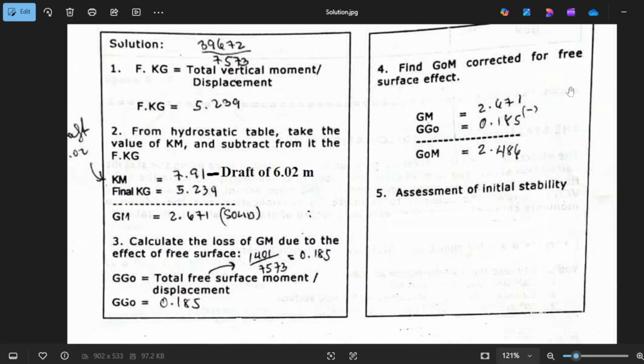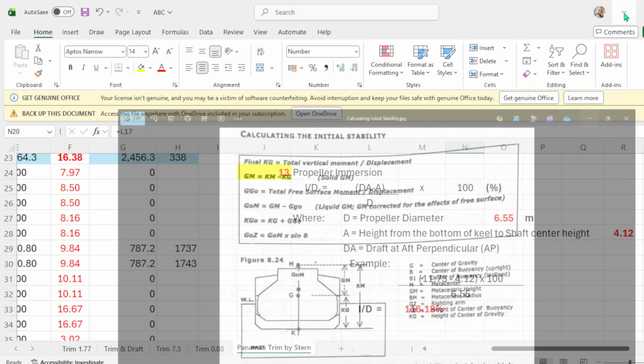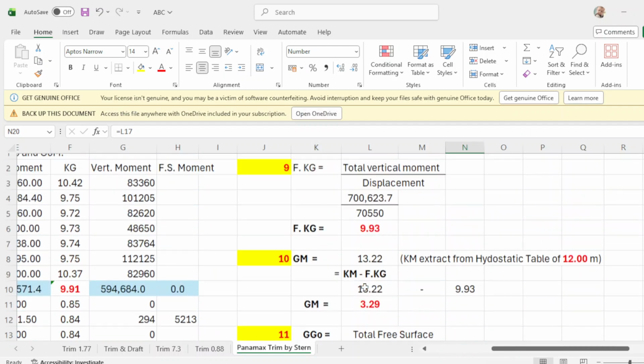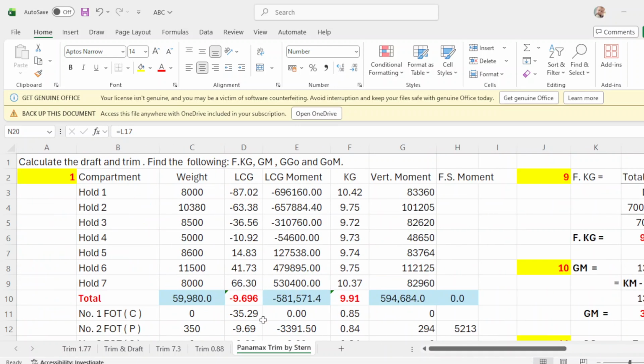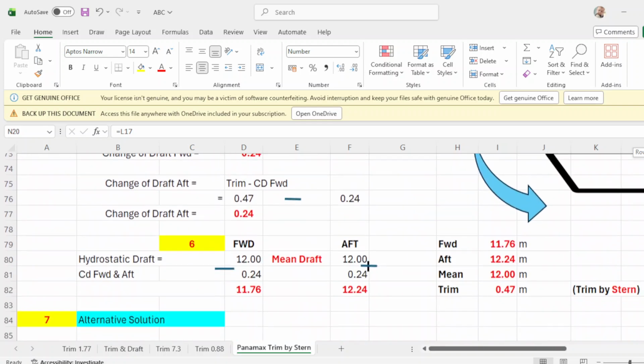Then find GM for the free surface and so forth. That's it, guys. The title says here, calculate the draft and trim. Find the following: final KG, GM, GGO, and GOM. I hope that explains clearly.